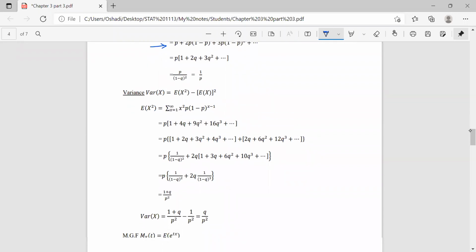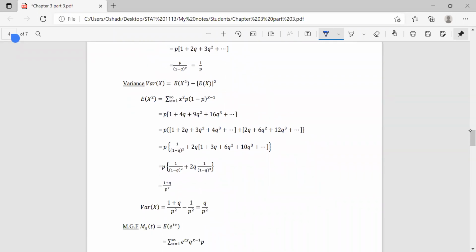Next one, the variance. Variance can be written as the expected value of x squared minus the expected value of x, the whole thing squared.